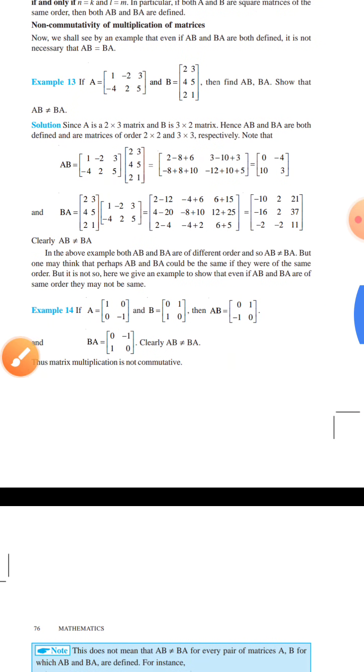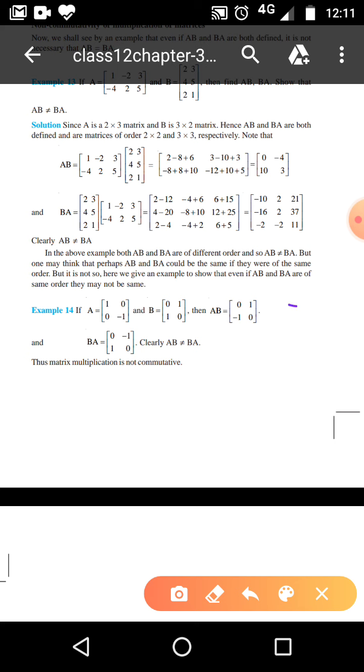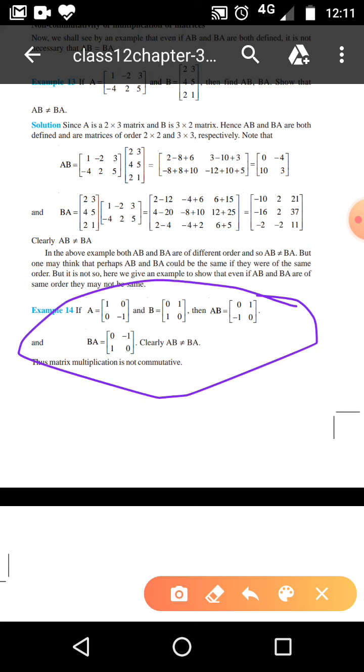Now see here clearly, in example number 14, A is this, B is this, AB is this, BA is this, and clearly AB does not equal BA. In this case AB is defined, BA is defined, but they are not equal. This is a very important and remarkable point.